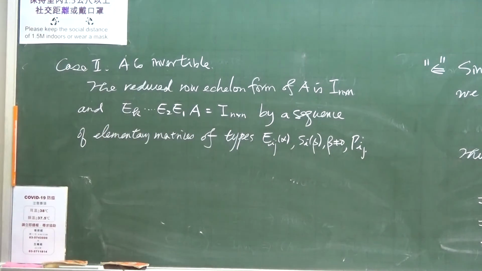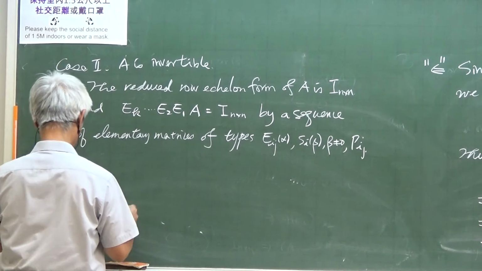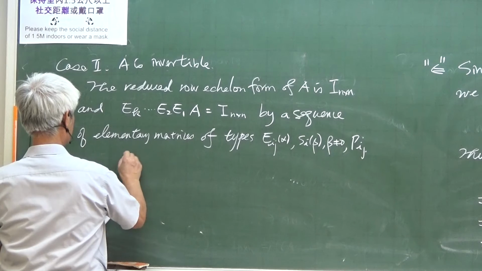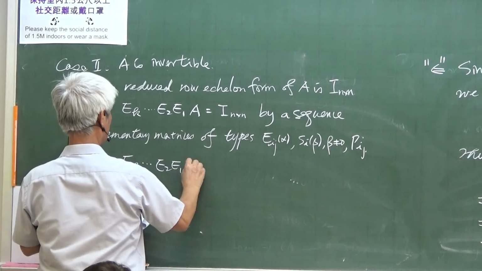Right? So we can do that. Now the same sequence of elementary matrices can apply to AB.